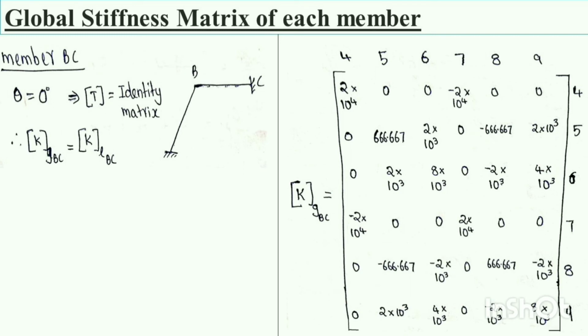Okay, so this is the KGBC, and its terms are 2 into 10 raised to 4, 0, 0, minus 2 into 10 raised to 4, 0, 0 and so on as shown in the figure. Now we have to note another thing, that in KGAB the rows and columns are marked according to the displacement or global coordinates, which are 1, 2, 3, 4, 5, 6, and in KGBC the rows and columns are 4, 5, 6, 7, 8 and 9.